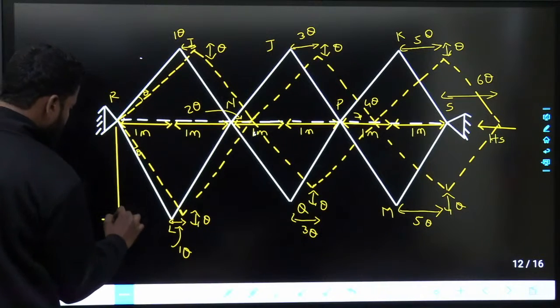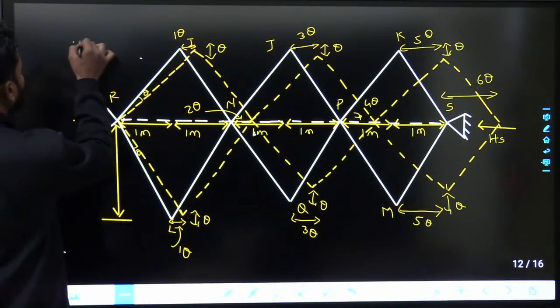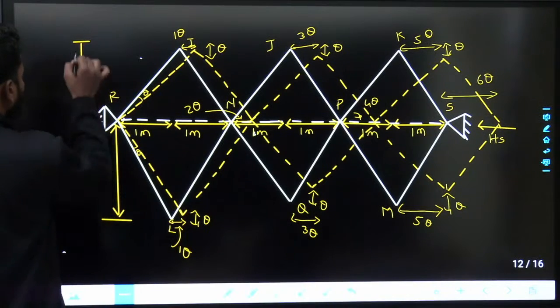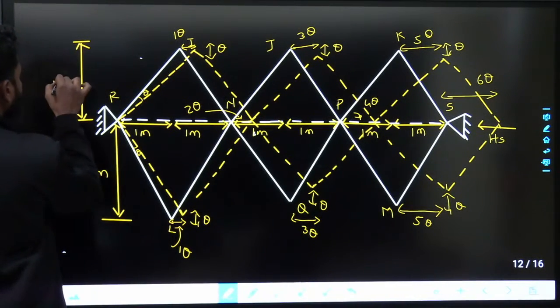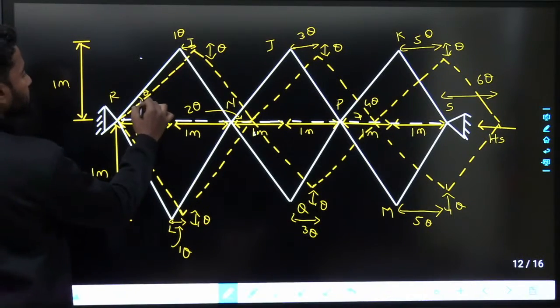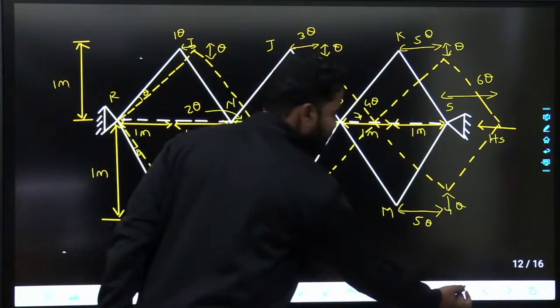This is 1 meter, this is also 1 meter, this is 1 meter, this is also 1 meter. So if this is theta, the vertical distance will be the same, theta, theta, theta, theta everywhere.